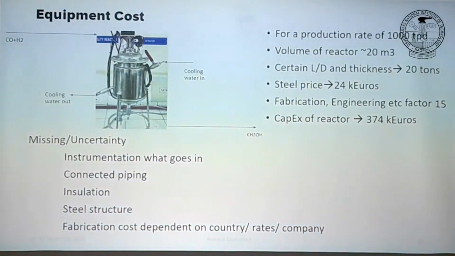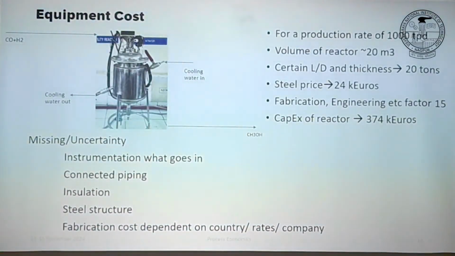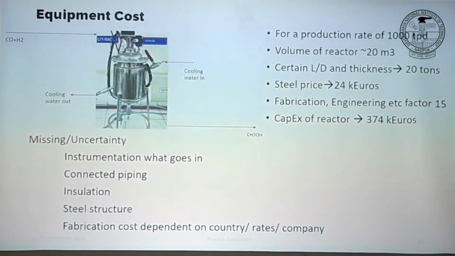Insulation will be for both cold and warm. Then fabrication. He will go and buy pieces of metal, and then he has to bend it, weld it, give it the shape of a reactor. So all those fabrication costs come into this one. Right? So we said we have, let's say, 374,000 euro for this reactor.